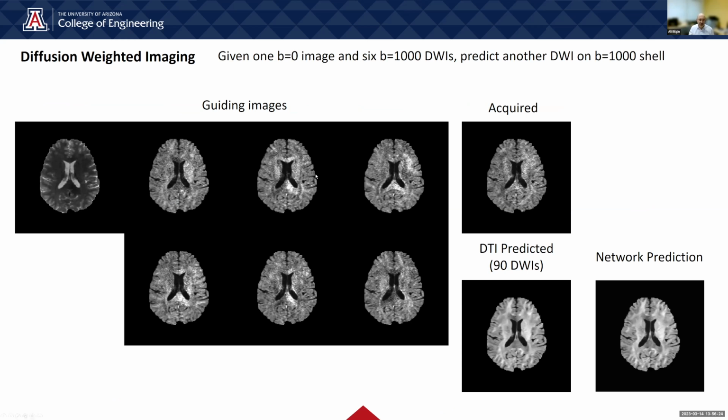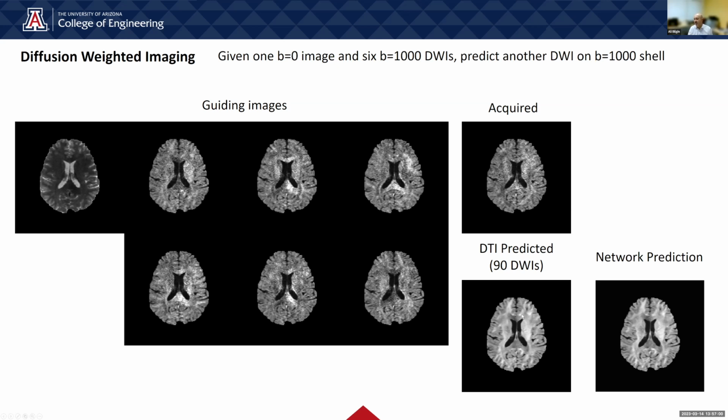So in this case, you see these 7 images as the guiding images. This is kind of provided as side information to this network. So if I were to acquire this image, of course, it would be noisy, and this is my target. But if I were to use 90 of these acquisitions instead of only 6, and then fit a tensor to it, and then use the tensor to predict the image along that particular direction, I could get a clean image.